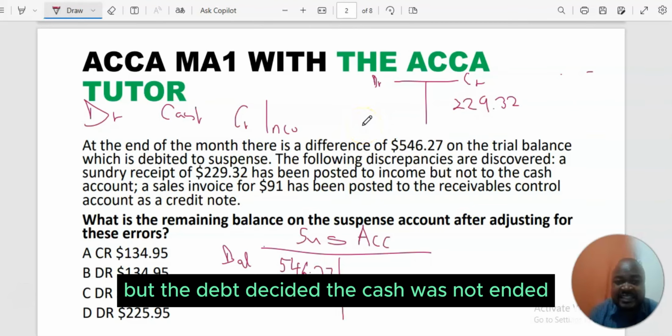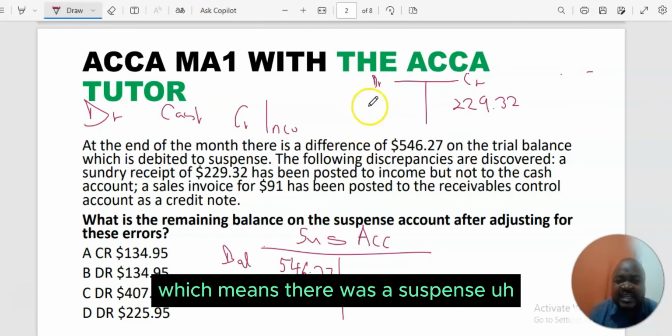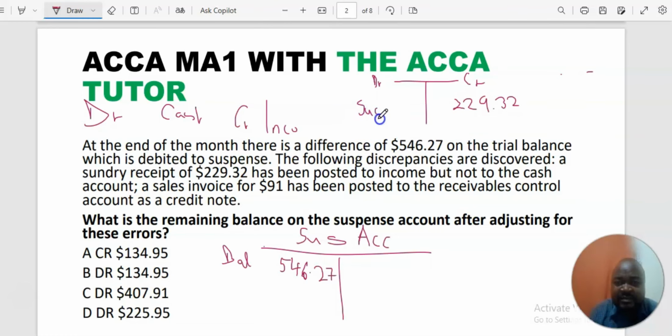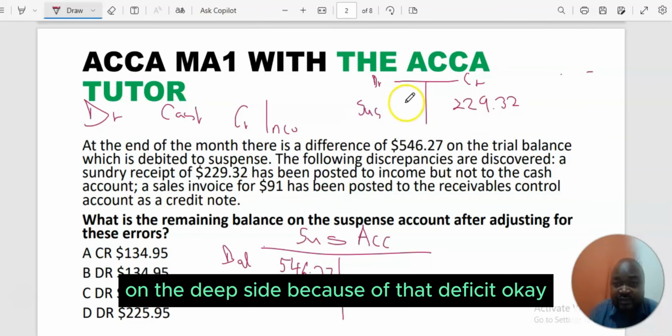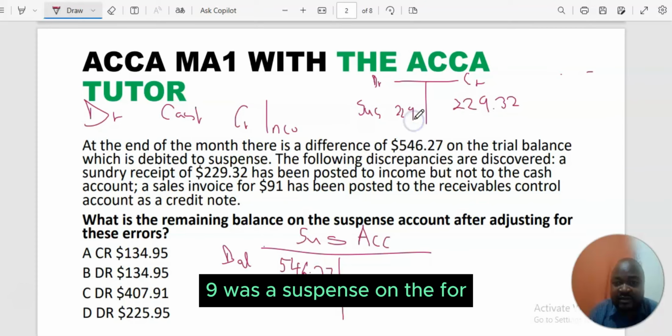But the debit side, the cash, was not entered, which means there was a suspense on the debit side because of that deficit. So the 229 was a suspense for this particular transaction.